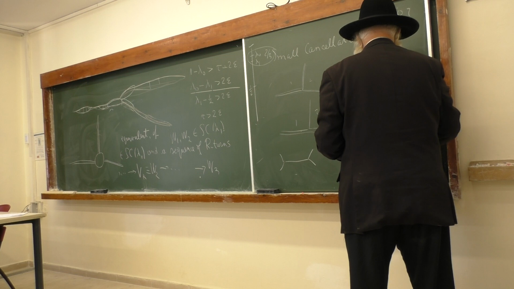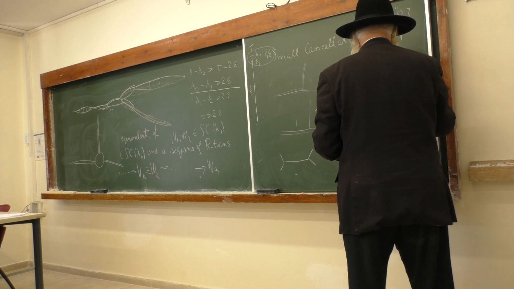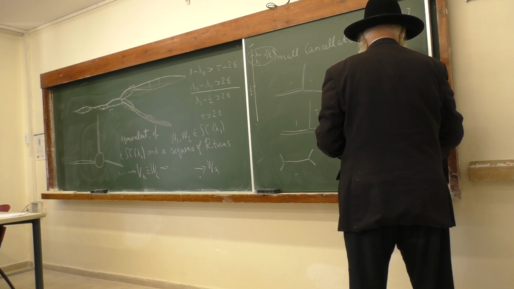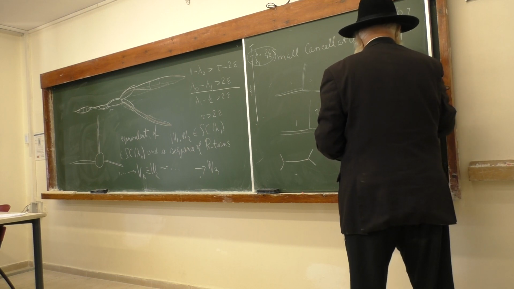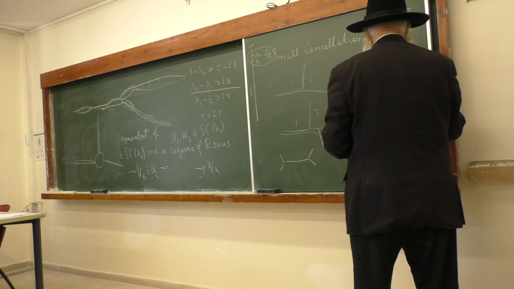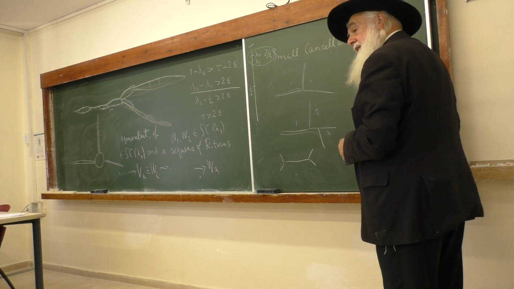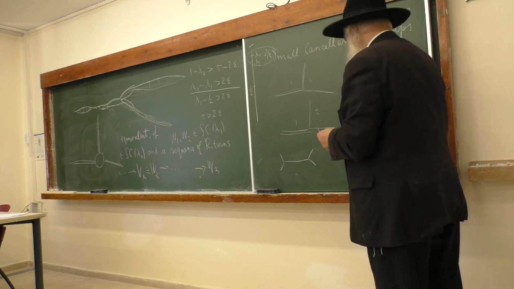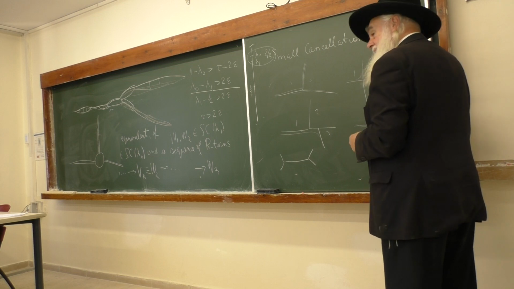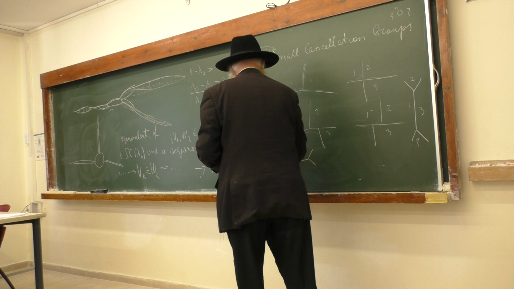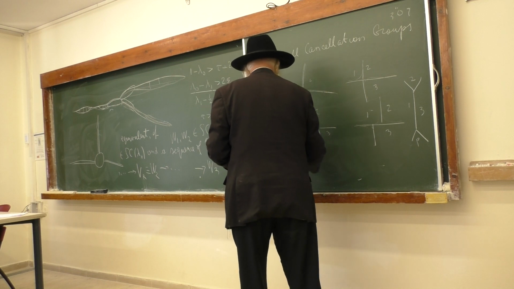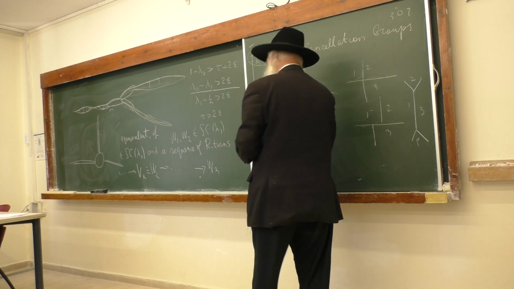This is 1, this is 2, this is 3, and this is a product. 1, 2, 3, and the common part with 1 is also cancelled. So here the first and the third cancel out. Here they do not. So this is the first, the second, the third, and the product.